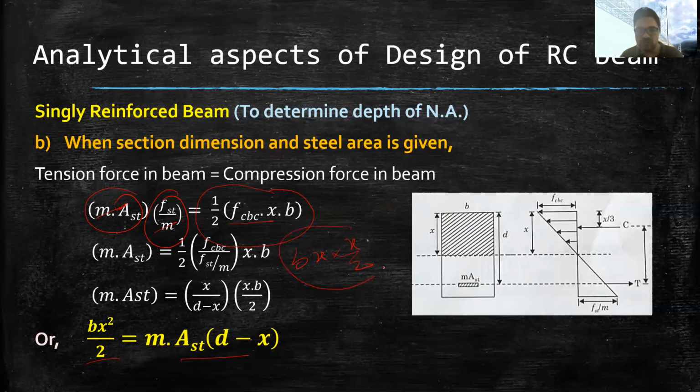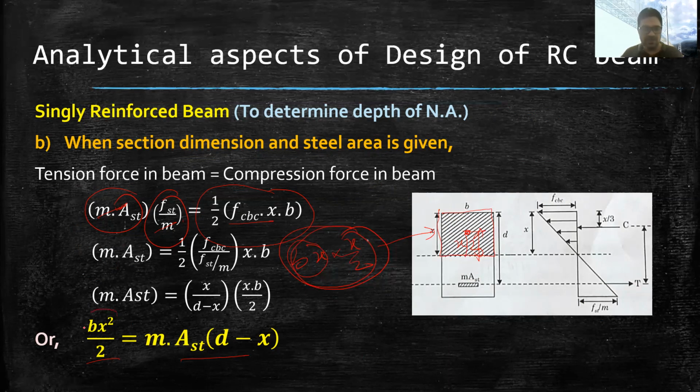This becomes the moment of concrete about NA. This is the concrete and it has an area moment. Bx is the area, and where this area concentrates, at this place, the distance becomes X by 2. So this is how we can find out the area moment.